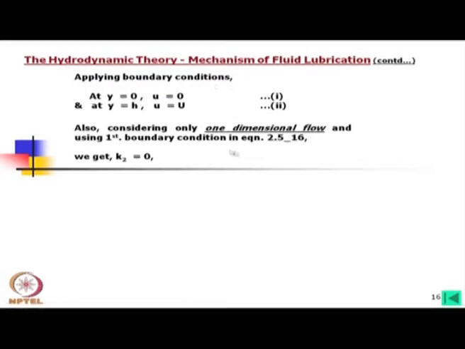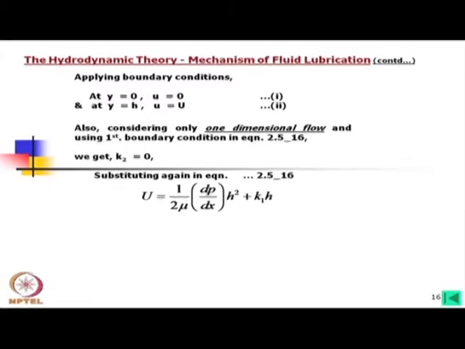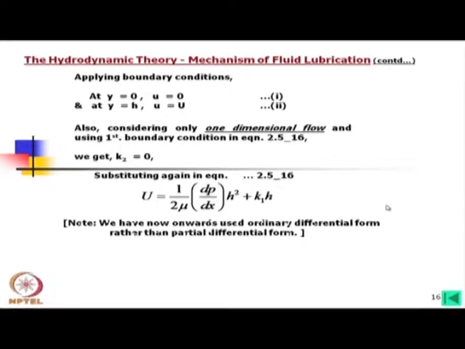So, we apply the first boundary condition, we get k 2 is equal to 0, and substituting in equation 2.516 we get u is equal to 1 by 2 mu dp by dx h square plus k 1 h.